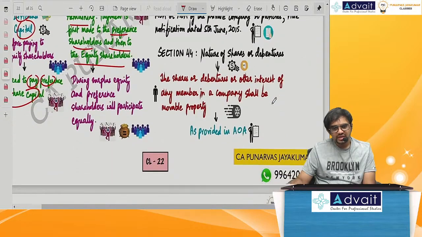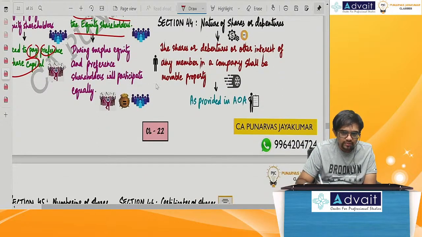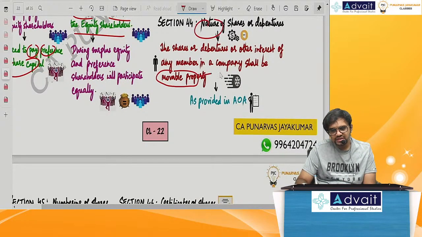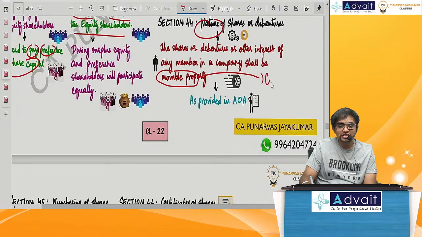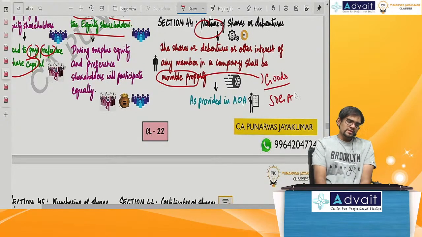Nature of shares. Basically, the shares or debentures or any other ownership form as a member of the company shall be a movable property. That is the nature. So basically, shares are also included in the definition of goods under the Sale of Goods Act.